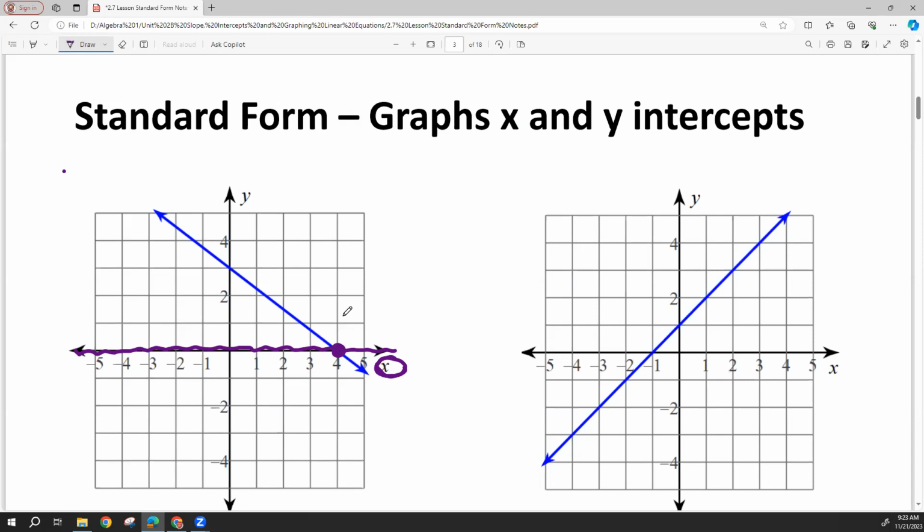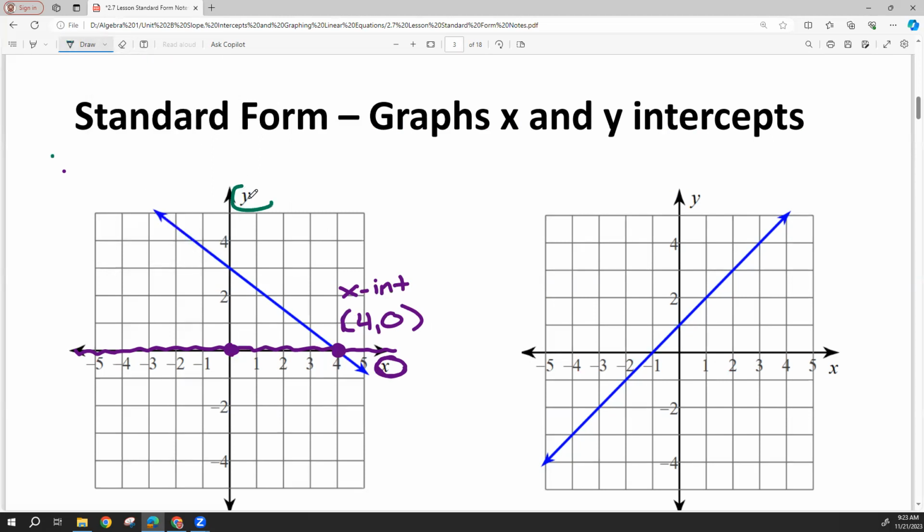The x value in a coordinate is the first number. It's how far did we move from the origin to the right or left? Well, we moved 4 to the right. The second number is our y value. How much did we move up or down? We didn't move up or down at all. So that's why we always have 0 for our y value of the x-intercept.